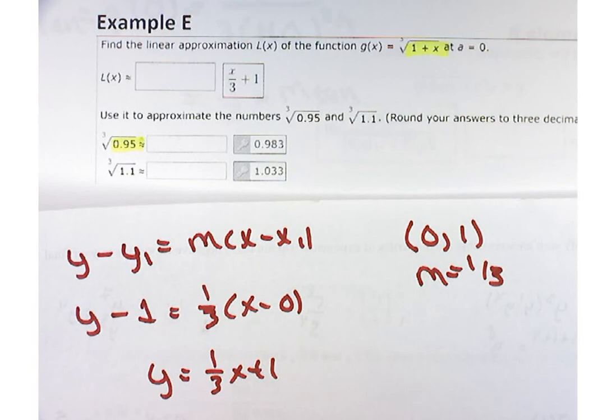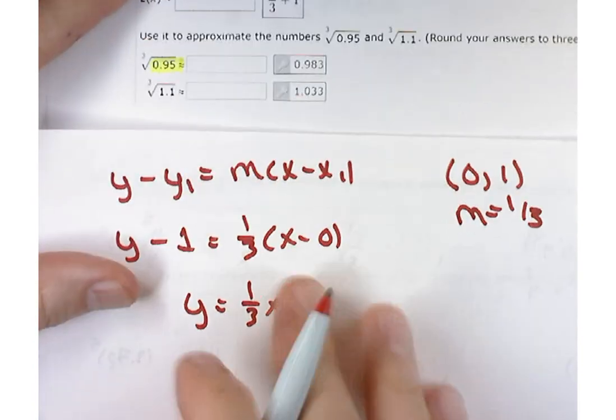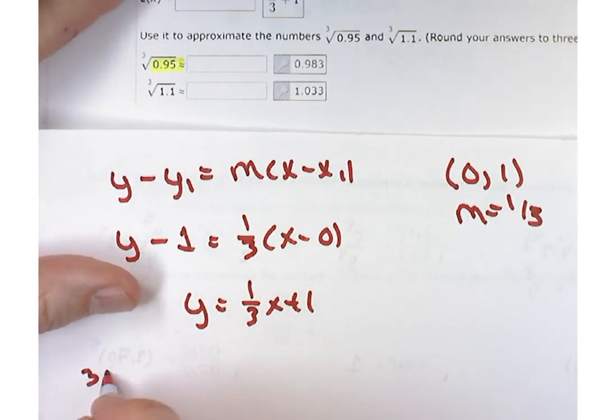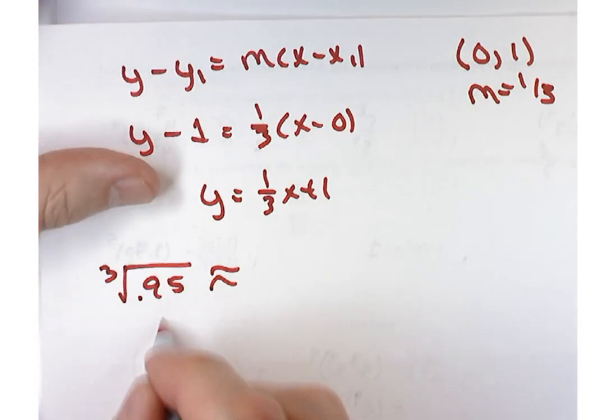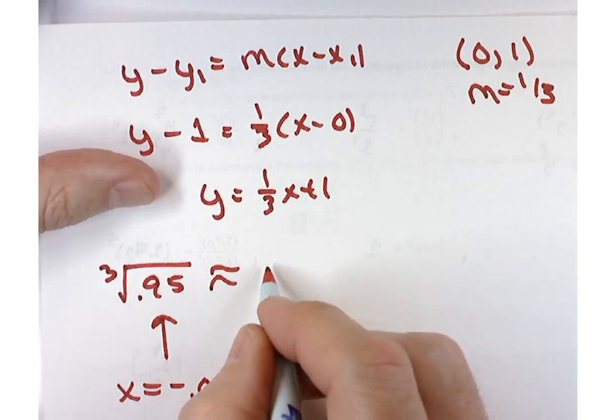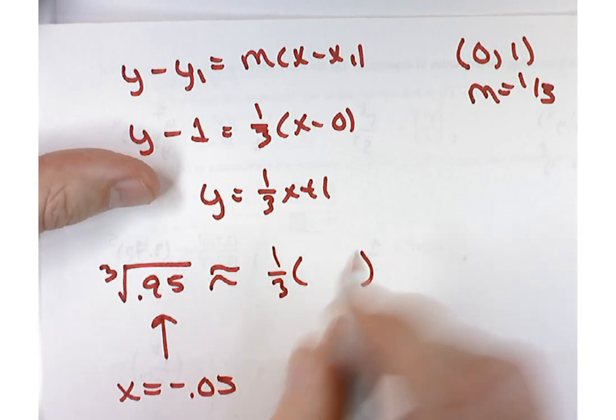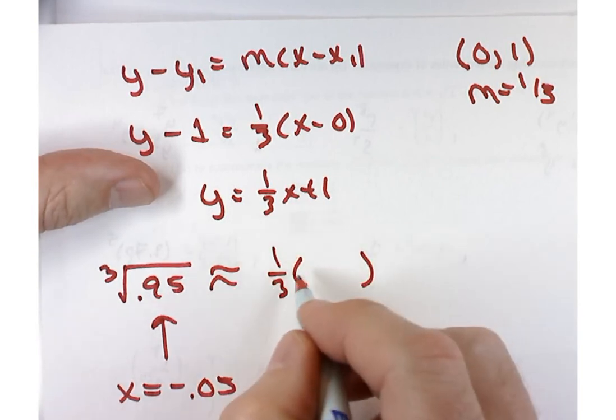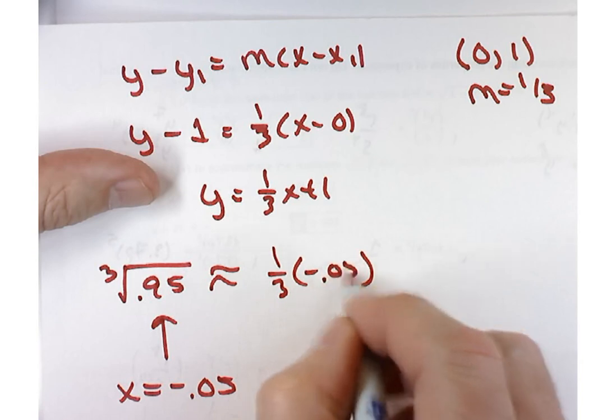So, cube root of 0.95 is going to be approximately, that means x is negative 0.05, so 1/3 times negative 0.05 plus 1.